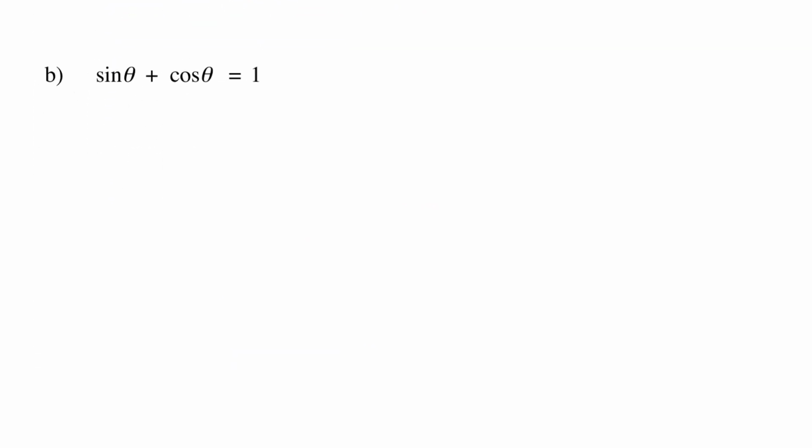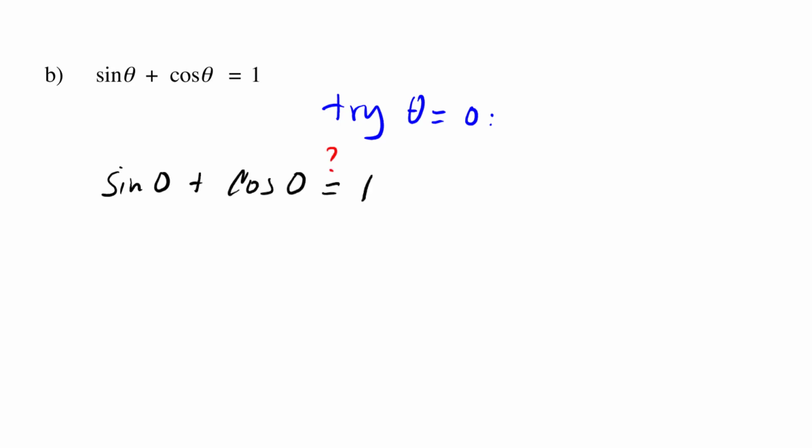Here's another example. Sine theta plus cosine theta equals 1. Now you might look at that and say, oh, that's Pythagorean. Well, it's not, because nothing's being squared. So let's try theta equals 0. Sine of 0 plus cosine 0 equals 1, question mark, or does it?